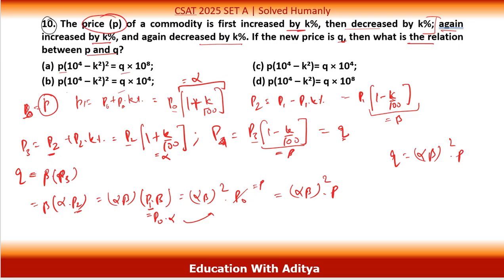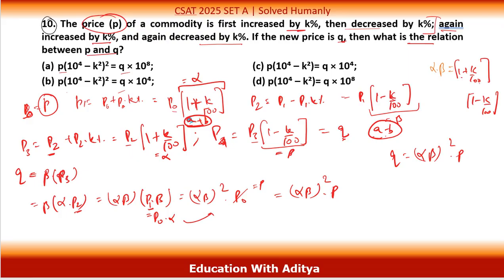I can find the value of alpha dot beta simply. Let's see, alpha dot beta is of the form A plus B and A minus B. So alpha dot beta, I will write 1 plus K upon 100 into 1 minus K upon 100.